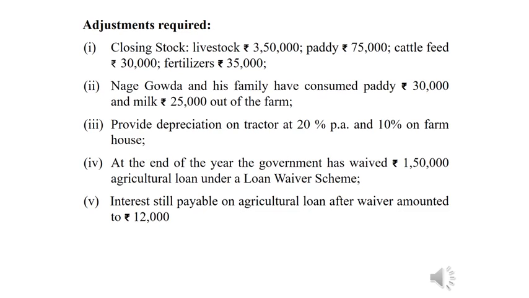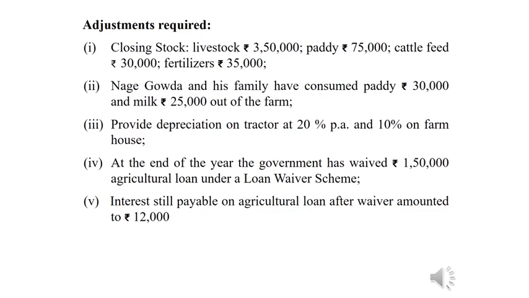At the end of the year, the government has waived 1,50,000 agricultural loan under a loan waiver scheme. So government has announced loan waiver scheme, Manna scheme. So under that the farmer has got 1,50,000 worth of his loan waived under that scheme.